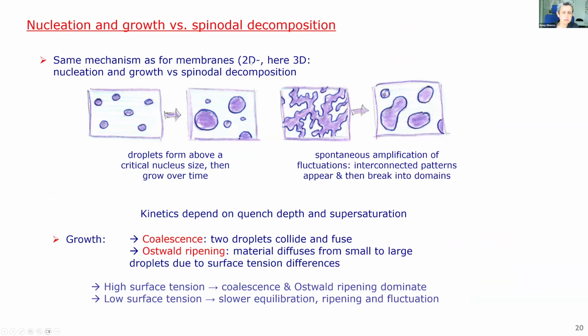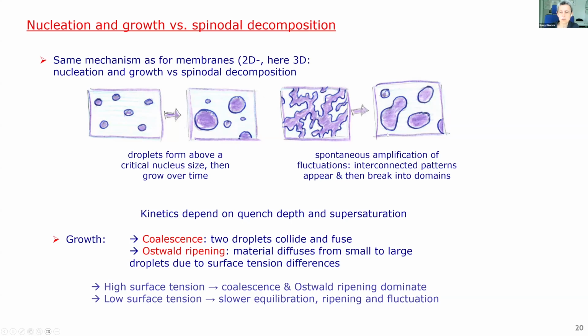Similar to membranes in 2D, here again, the mechanism for phase separation is similar. This can follow a process of nucleation and growth, as sketched here, but this time we don't have two-dimensional domains.